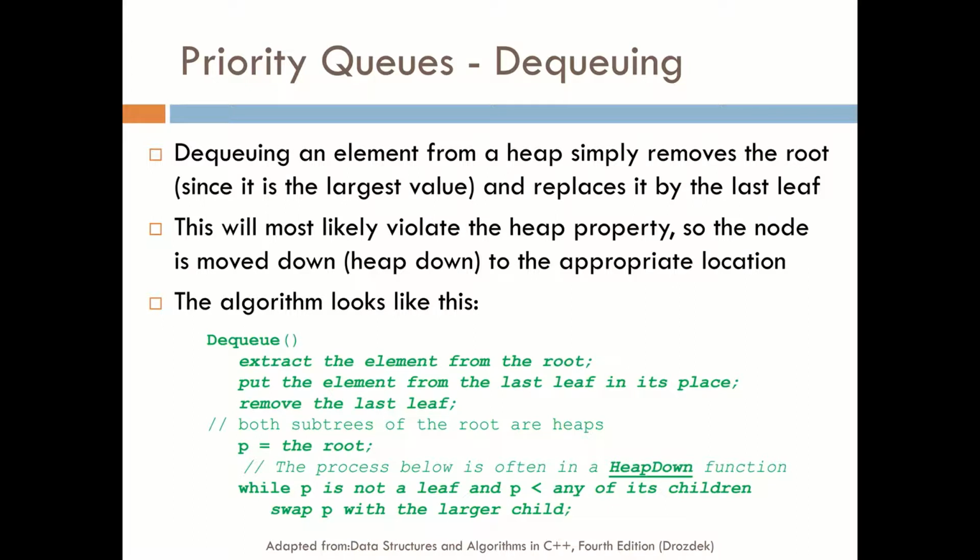That process is: while P is not a leaf and P is less than one of its children, again we're talking max heap here, swap P with the larger child. Let's take a look at an example of dequeuing.